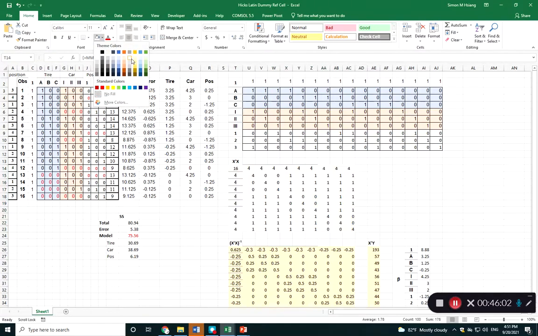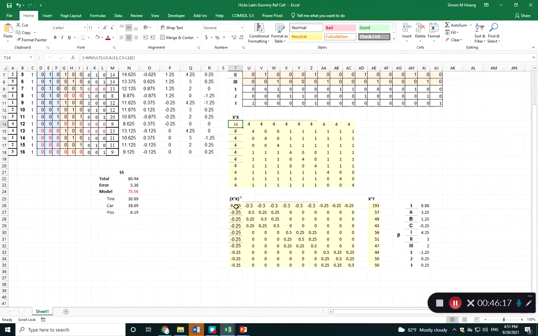And usually, the thing I check is, hey, I have 16 observations, so it should be 16. If in the homework I give you 25, what would be the first value there? 25, right? And can you calculate your X transpose X? Okay? And then can you calculate your X transpose Y, and then you get your beta value.